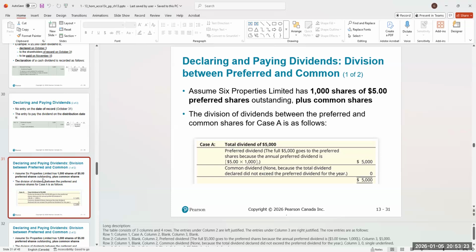If we declare a total dividend of $5,000, who's going to get the first dividend? The first dividend is going to be given to the preferred shares. How much do we have to give them? 1,000 shares times $5 per share. They're going to get 5,000. But the total dividend that we declared was 5,000. How much is going to be left for the common shares? Nothing. Sorry, common shares. Next year.